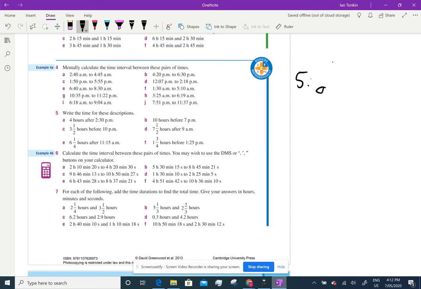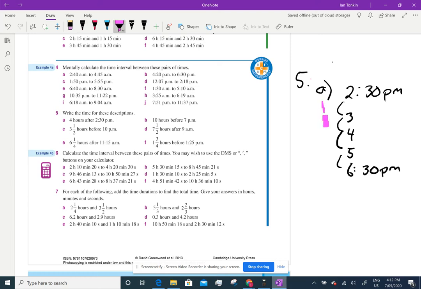So here's A. It's 2:30 p.m. and I need to go 4 hours. So 3:30 p.m., 4:30 p.m., 5:30 p.m. What have I gone? 1, 2, 3, 6:30 p.m. 1, 2, 3, 4 hours.